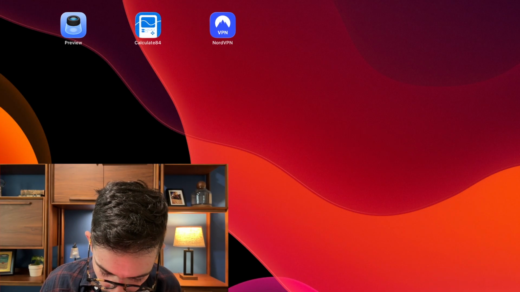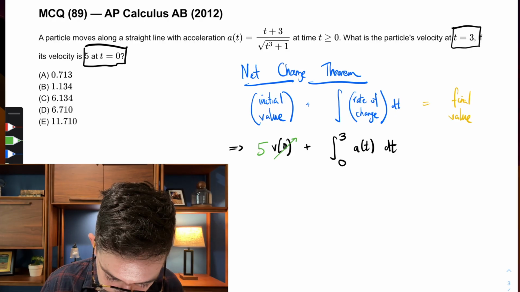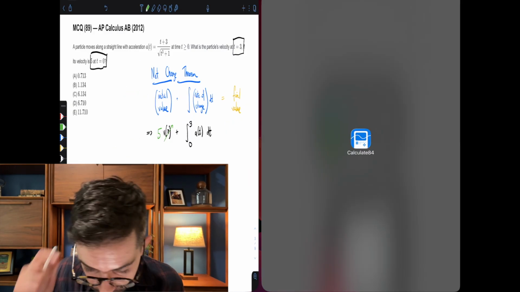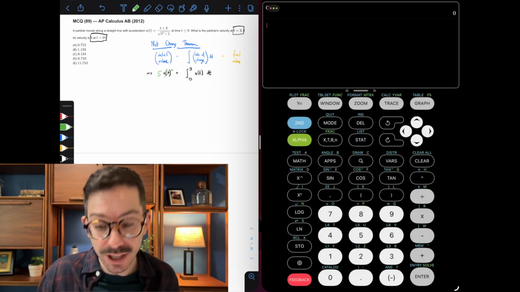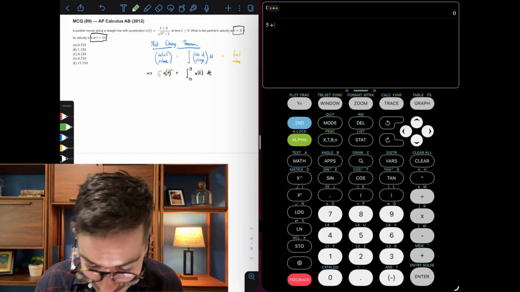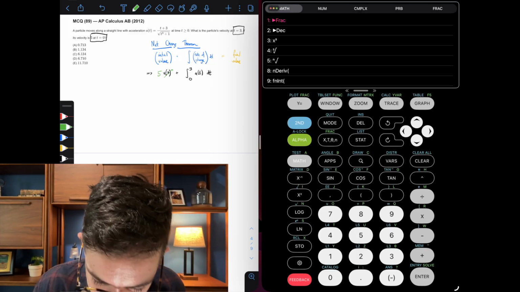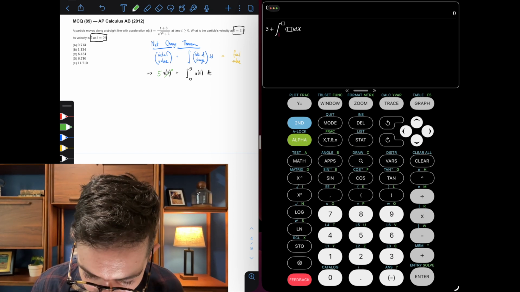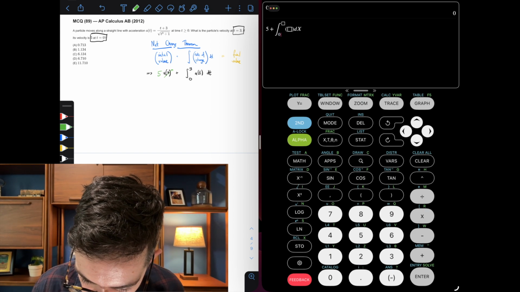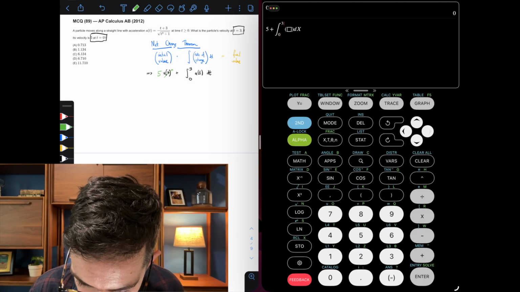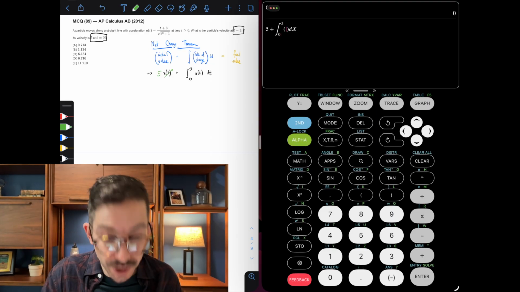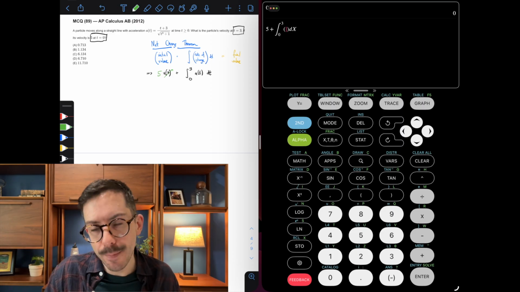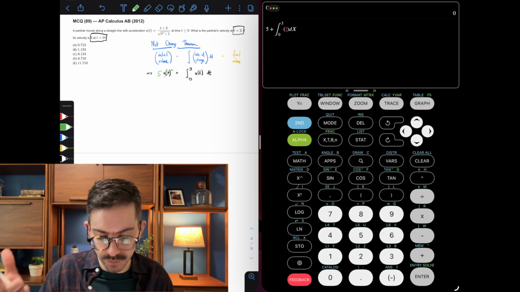So let's pull up our calculator. I want to calculate 5 plus the definite integral. So I'm going to hit Math, entry 9, and that pulls up my definite integral. I'm going to calculate from 0 up to 3. And now it is this rule they've given me for a of t. My calculator is using the variable x just for simplicity.